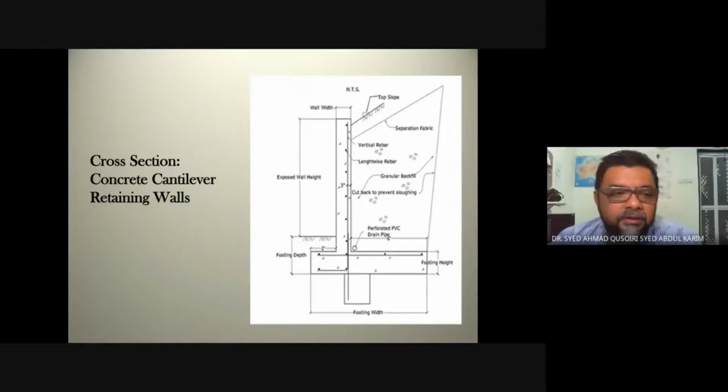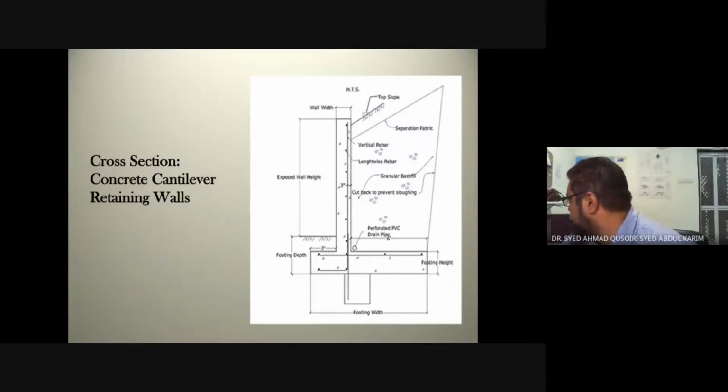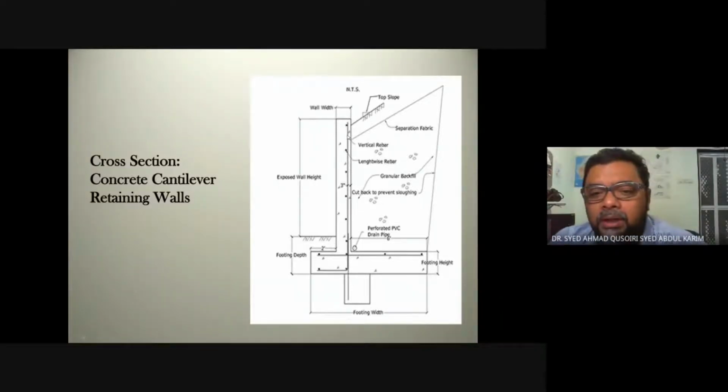Another feature of this type of wall is that the reinforcement is always at the back or the surface that is facing the retained soil. So the reinforcement is actually here. Oh, sorry. I'm not really sure you can see my pointer, but I hope you can figure out the location.